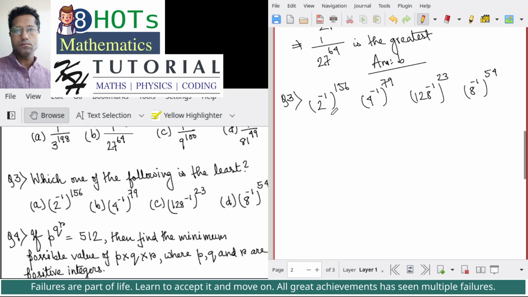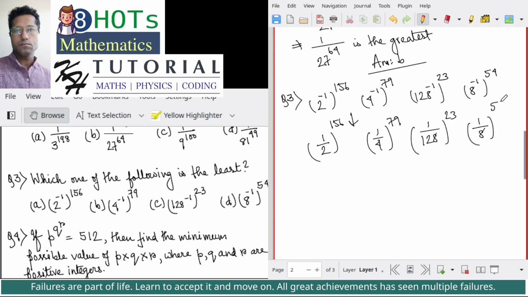All the bases are exponential terms having the same power minus 1. Now power of minus 1 means reciprocal. So this is actually half to the power 156, 1 by 4 to the power 79, 1 by 128 to the power 23, and 1 by 8 to the power 54.